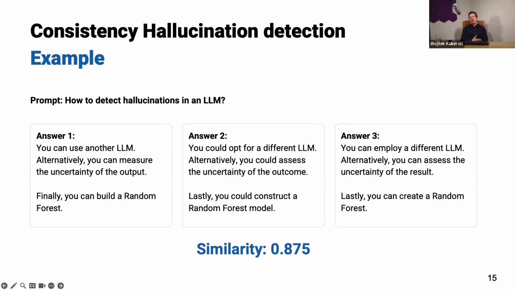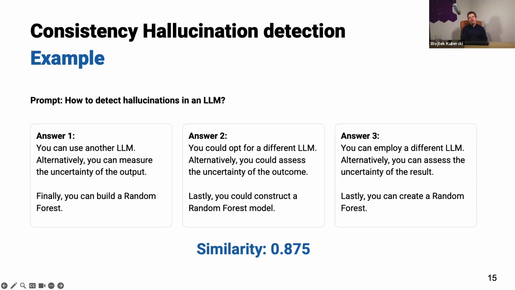And then we're going to compare those answers. That's another potential lever that we can adjust, or a knob that we can turn, in terms of how we actually compare those. But let's abstract away from it now, and we'll just say that we compare those answers in some way, and we get a number at the end, and this number will represent how similar those answers are.